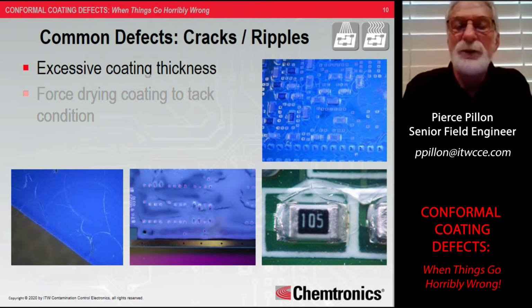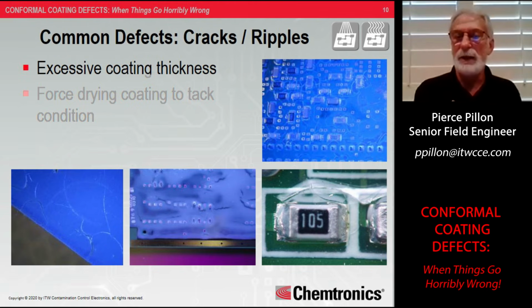If you have excessive coating thickness, if your wet film is way too thick, and especially if it's a high solids content coating, it doesn't cure evenly. It doesn't allow that solvent to evaporate evenly, and especially at the surfaces. And then you get strains and stresses in that coating, and it cracks.